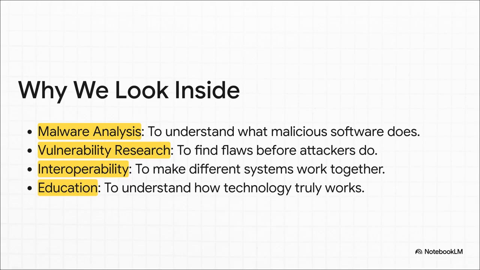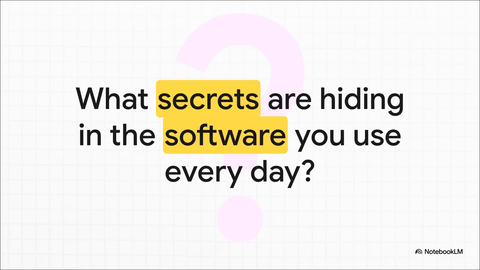And maybe most importantly, it gives us a powerful way to truly understand the complex, hidden tech that pretty much runs our entire world. And that really leaves us with a fascinating question to chew on, doesn't it? In the millions and millions of lines of code that run on your phone, on your computer every single day, what other secrets, what other flaws, and what hidden behaviors are just sitting there, waiting to be discovered?